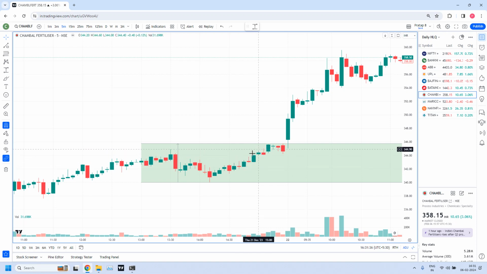But here the leg out is not great and there is no follow through candle, so we can't take the risk to plan trades in these zones. Always remember, if you have any doubt, just leave that zone. Even if it is successful, don't bother about that. We have to convince ourselves. That's why I couldn't convince myself in the entire area.